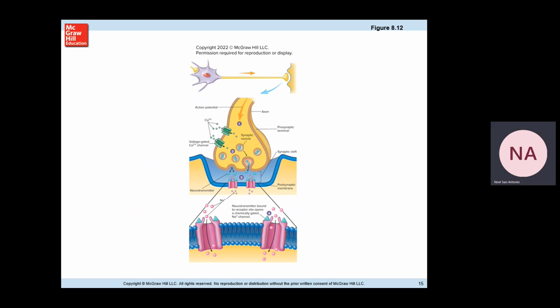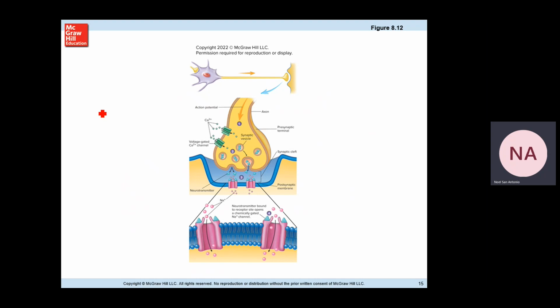Now, the site where neurons communicate is called a synapse.